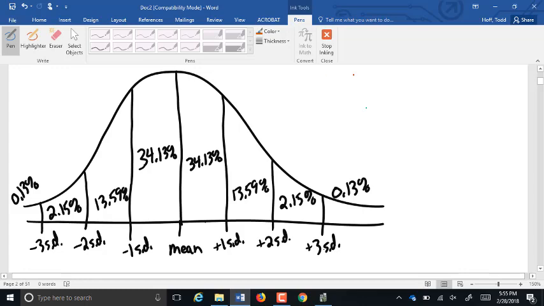And let's say that of those students, there's a mean score of 78 with a standard deviation of 7. What does that mean? Well, that means that the center of this curve is 78 points.